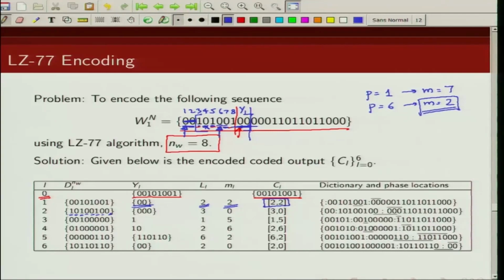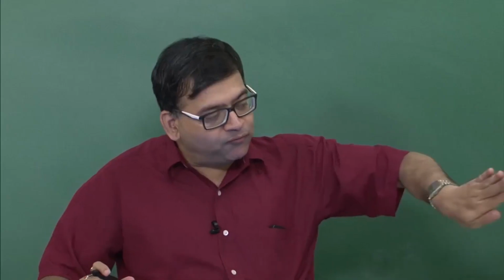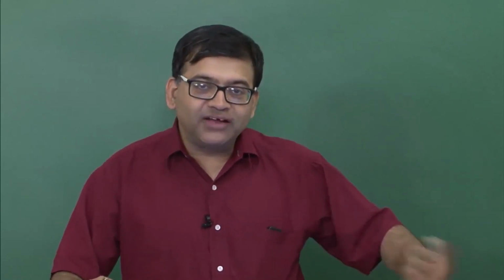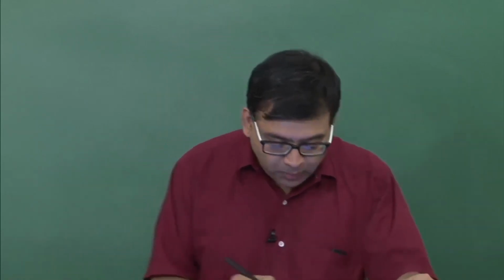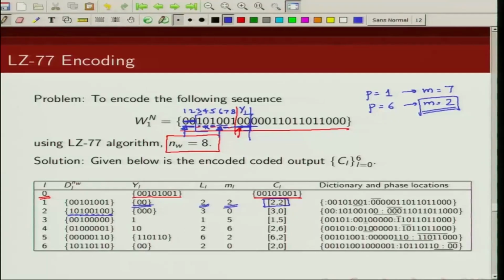So I added this string y1, which was of length 2, and removed the 2 oldest entries from the dictionary. So these are the contents of my new dictionary.